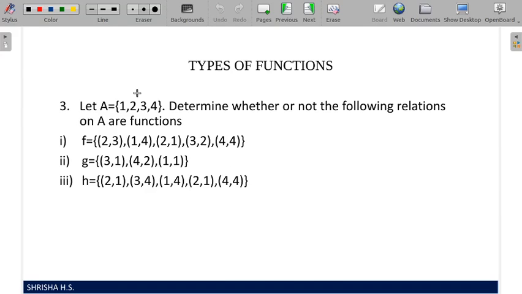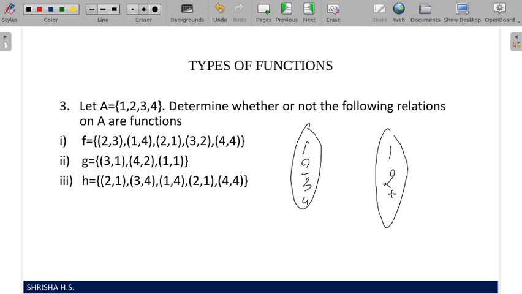Okay, so let A equal 1, 2, 3, 4 and determine whether or not the following relations on A are functions. Here the mapping is from A to A. So you have 1, 2, 3, 4 and 1, 2, 3, 4.